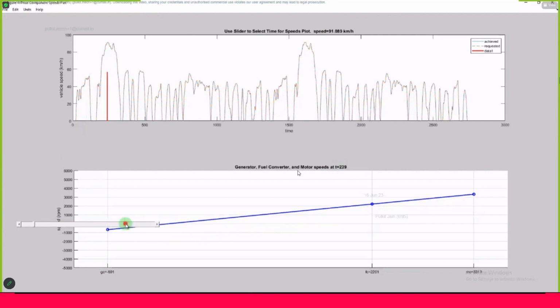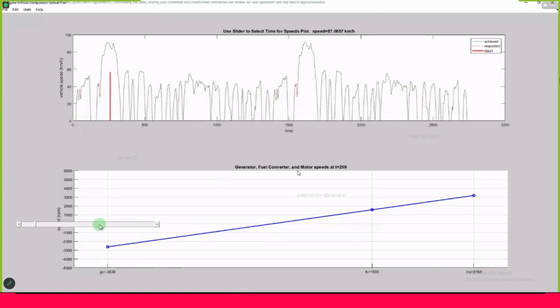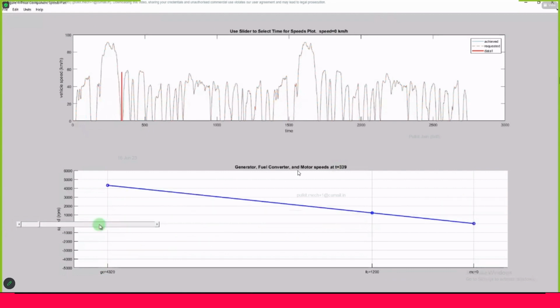If I move, there may be certain higher negative values for the higher speed. This is the steady state condition where the vehicle speed is 0. In case of vehicle speed 0, the engine runs at 1200 RPM, the motor controller is also at rest, and the generator is at 4320 RPM.